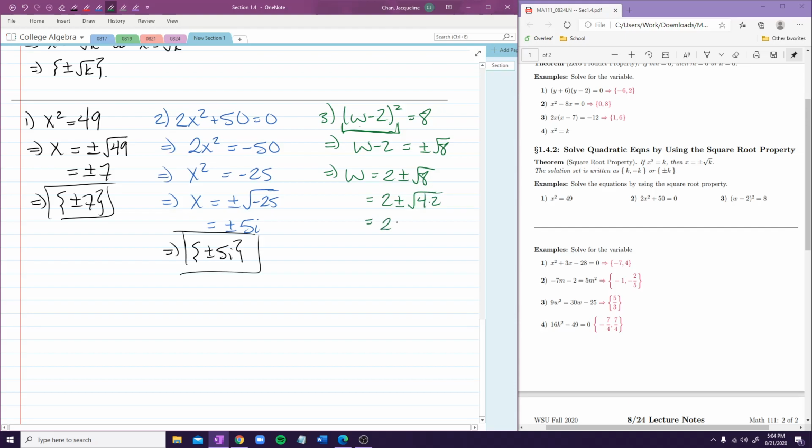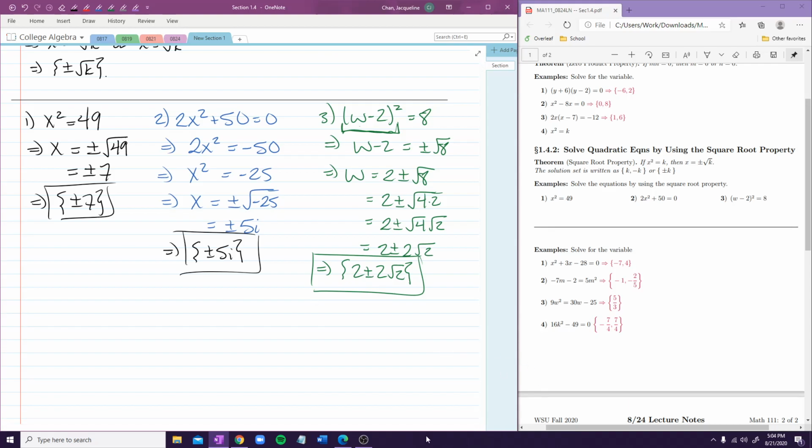So this is 2 plus or minus the square root of 4 times the square root of 2, and this is 2 plus or minus 2 square root of 2. You can factor out the 2 if you want, but it's not really worth it. So 2 plus or minus 2 square root of 2 is our solution.